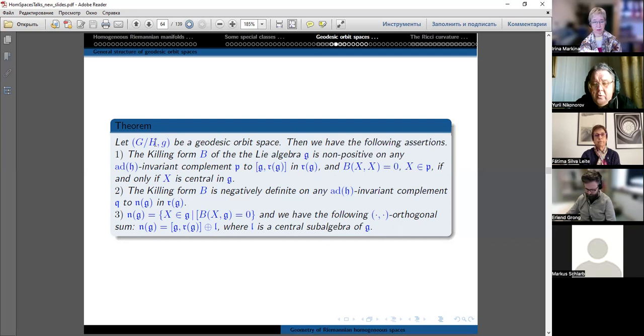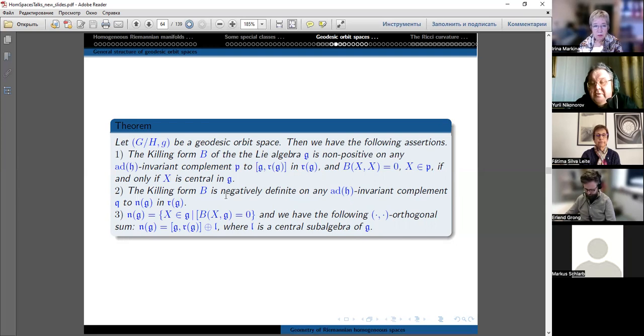If we consider in detail the first, the second, and the third property, we see that not all homogeneous spaces could be geodesic orbit for any given invariant metric, because there are some restrictions of algebraic style. For example, this one: the Killing form B is negative definite on any H-invariant complement Q to the nilradical in the radical.